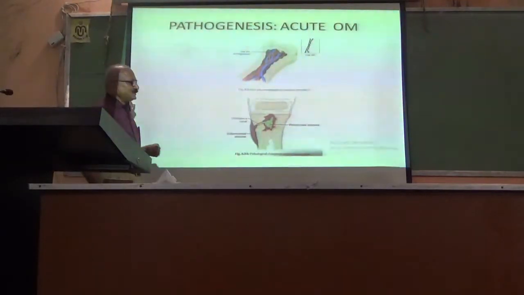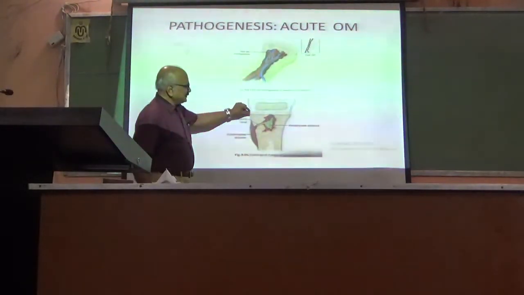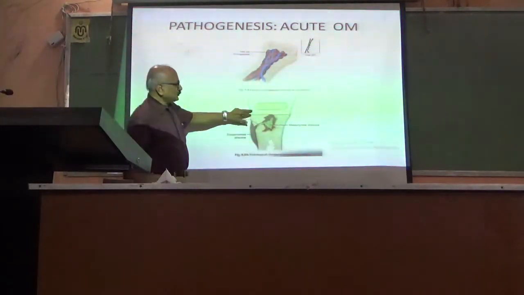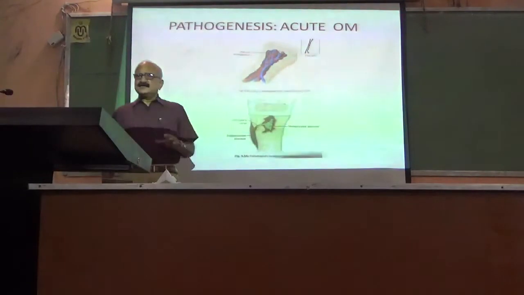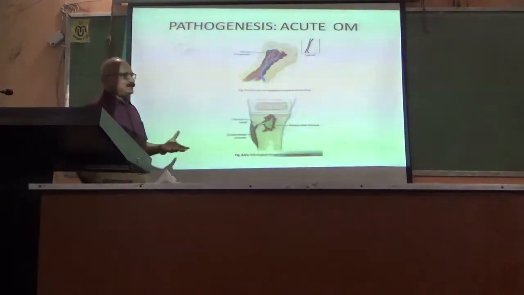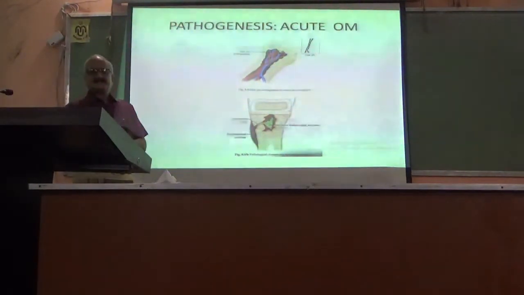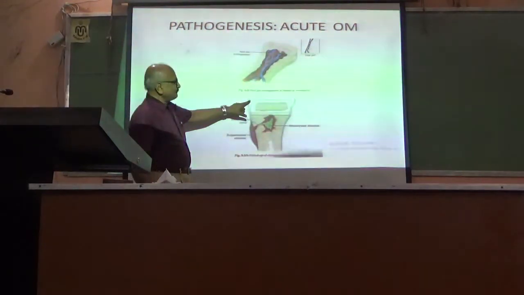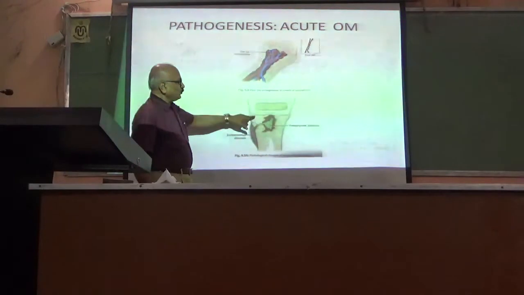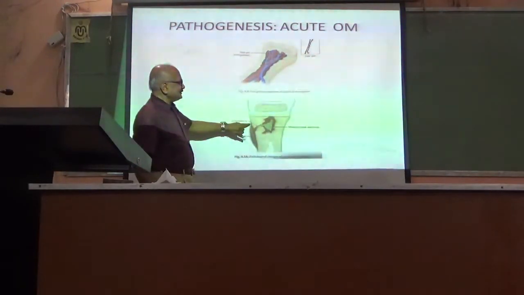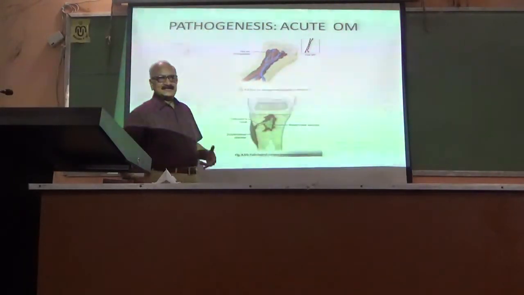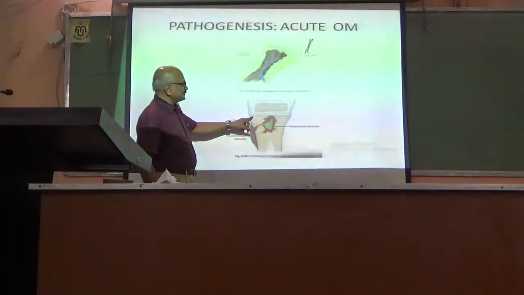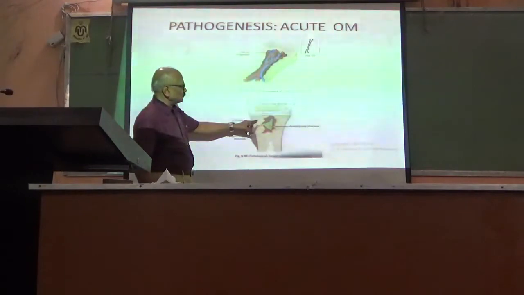But in the same breath, I'd like to tell you that in children this growth plate, to a great extent, is a barrier to the extension of pus. So in children, the likelihood of septic arthritis is only when the metaphyseal region is intracapsular, as in the hip, or when the pus has found its way through this route.